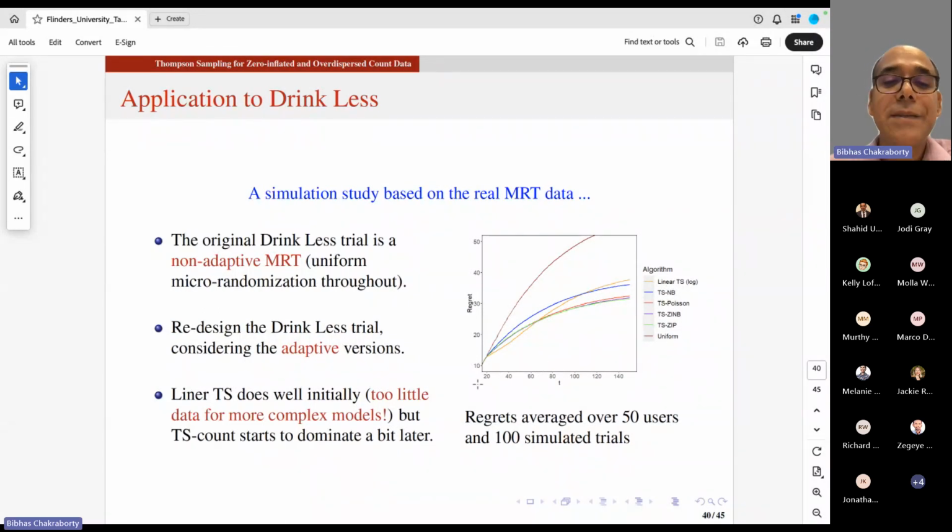Why is it so? We think it is because initially there is too little data for more complex models like any of the count models to learn effectively. So that's why the linear model was still doing better. But when there is sizable data, then gradually the count models show their benefit.